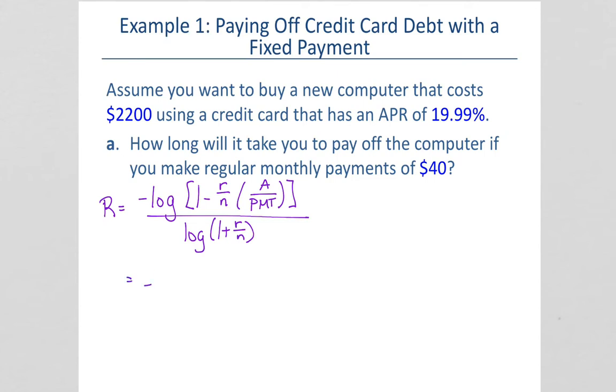And we're going to plug in. The rate would be 0.01999. You're making monthly payments, so n is 12. The total amount of the loan was $2,200, and you're making payments of $40.